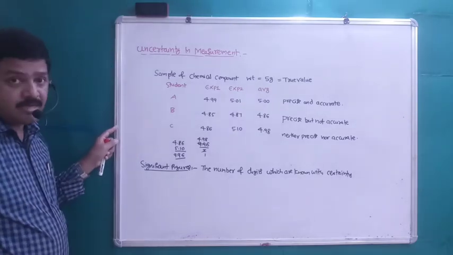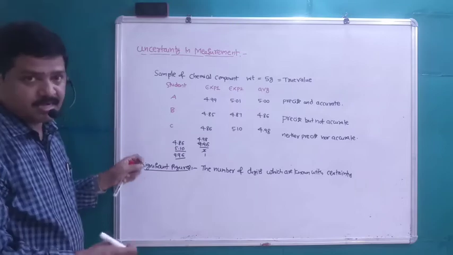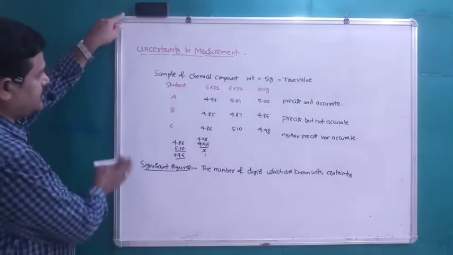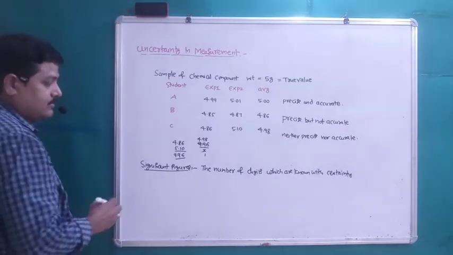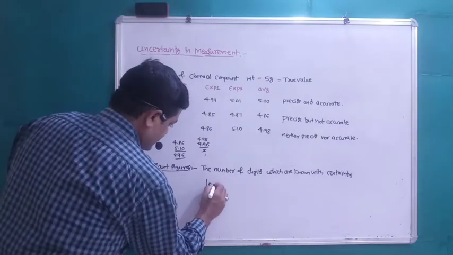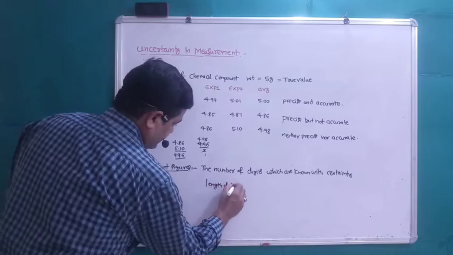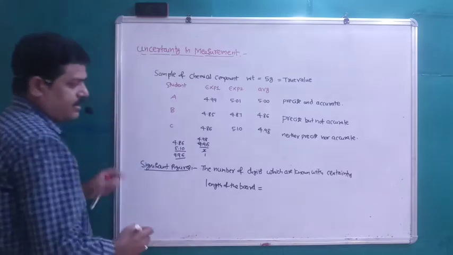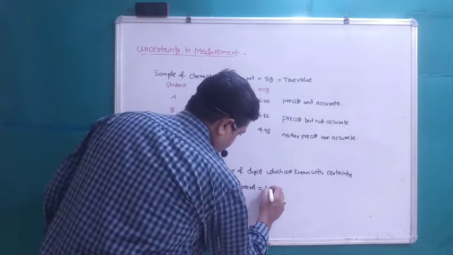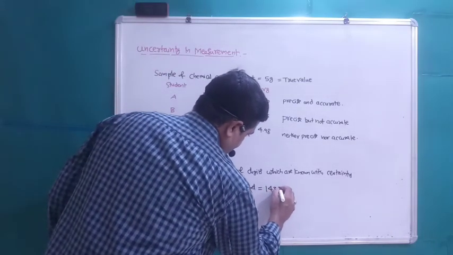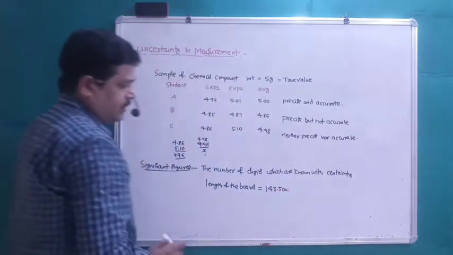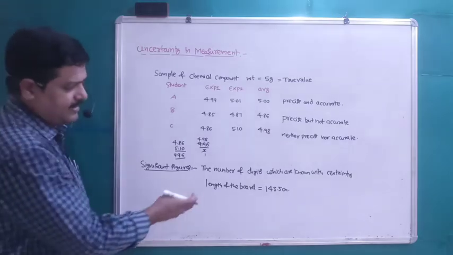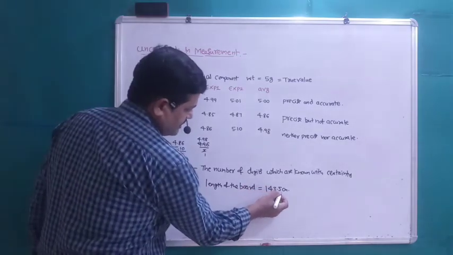Generally, assume that we have given a scale to the student and asked to measure the length of this board. Then he told the length of the board by using a centimeter scale. He told it is 143.5 centimeters.